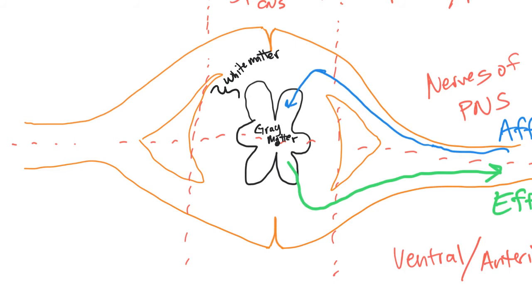The white matter, you can't see it just by looking at it, but has regions of areas which are going up and down, so towards the head, cranial and caudal, which are called tracts. Okay, and these are the myelinated portions. So this is really just the transmission of signals from one area to another. The gray matter is the processing part. So this is where it's determined what type of signal it is and then in which tract it should go in.